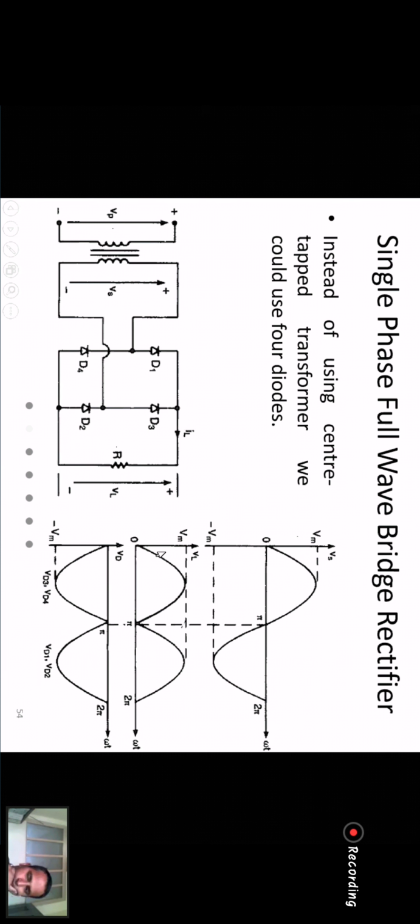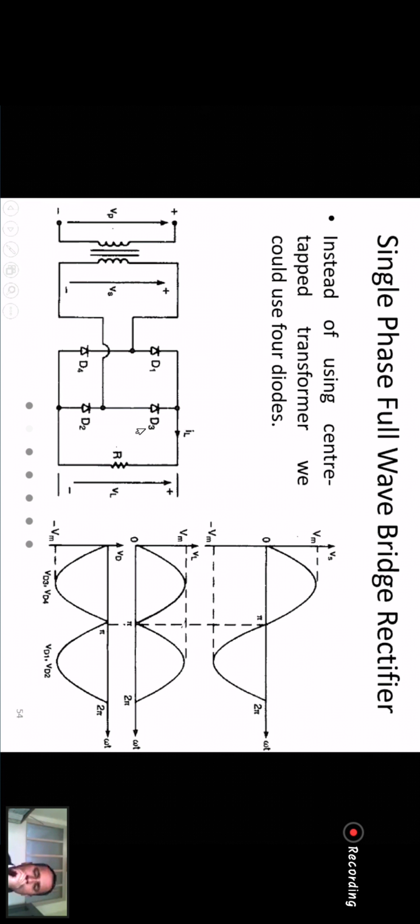So in this case, the output voltage conducts in both half cycles. Two diodes are conducting together, and the cathodes of D1 and D3 are connected together.